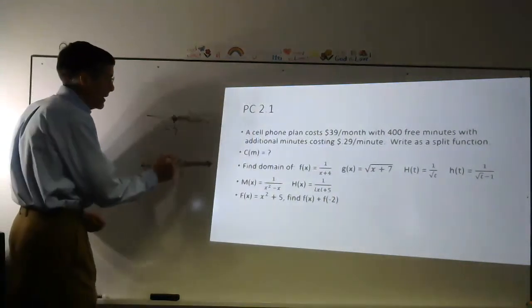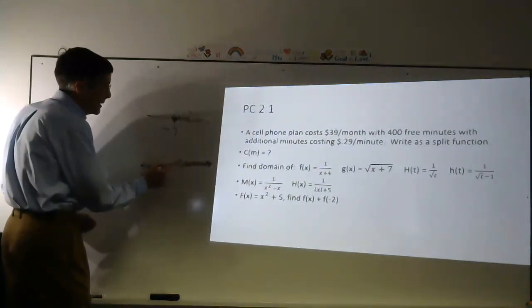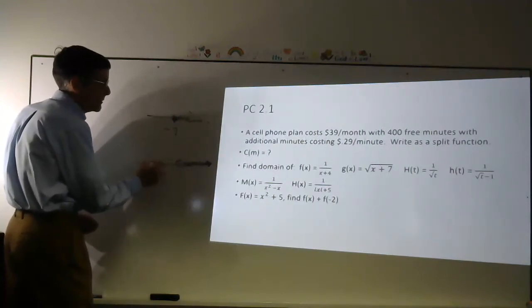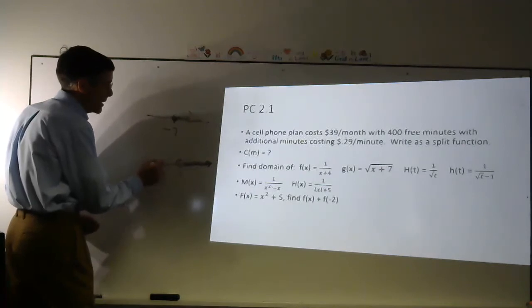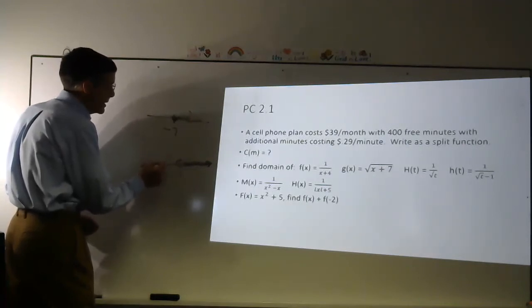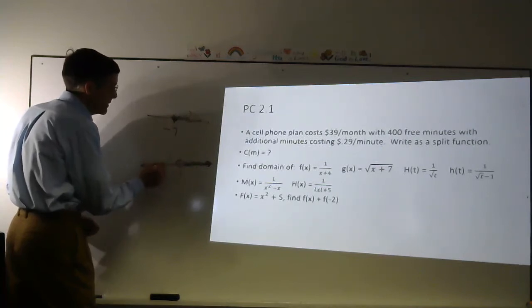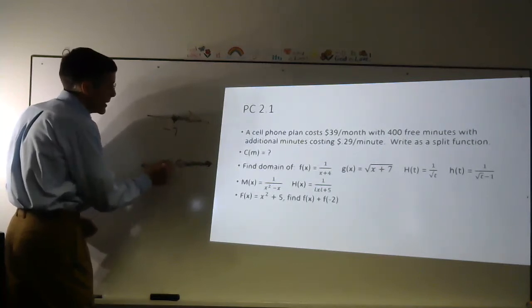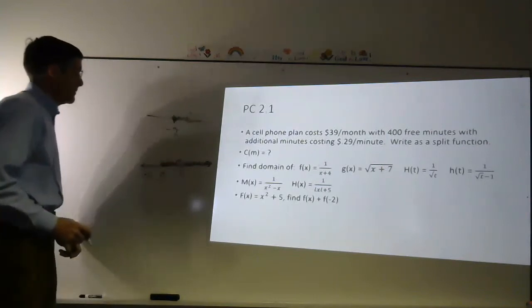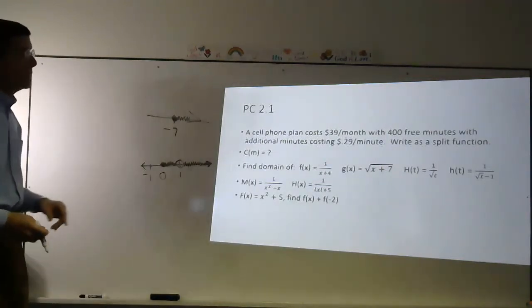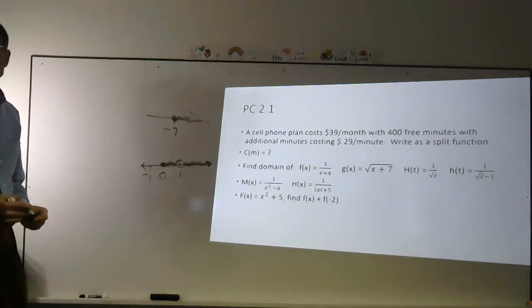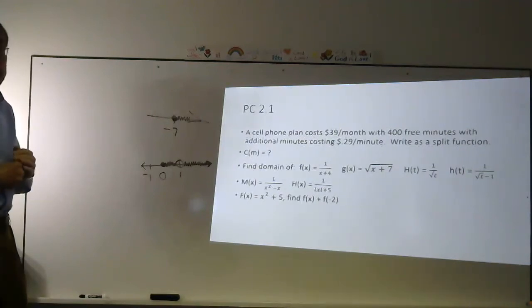All right, so let's go down here. Where do we get into negatives? Square root, the minute we get past 0, 0 is acceptable. 0 is not a problem. Okay? So we can have 0 here as an answer. All these fractions are ugly, but they're okay. But the minute you get down here, you're trying to take square roots of negatives. Okay, and you can't do it. That's a tough one right there.